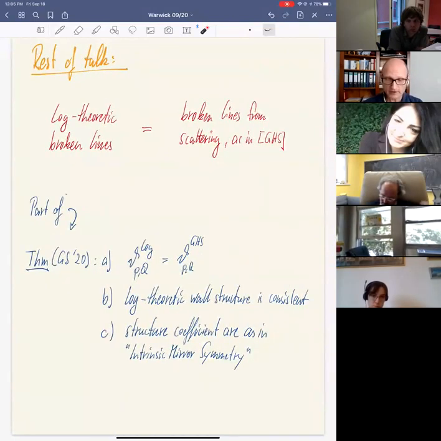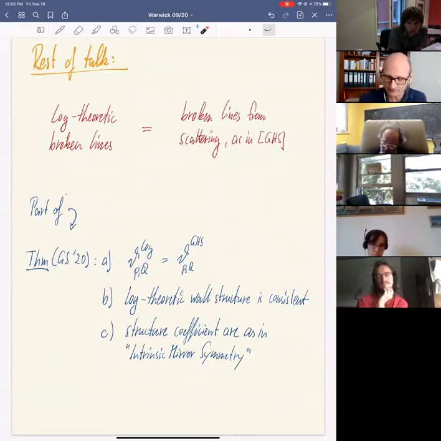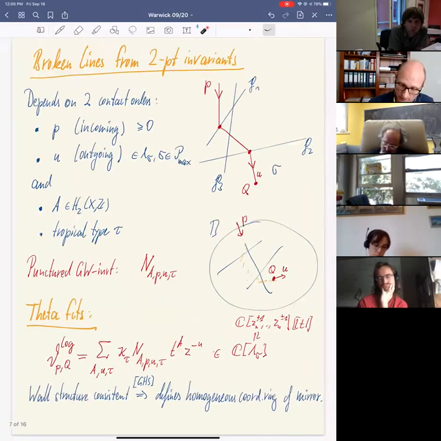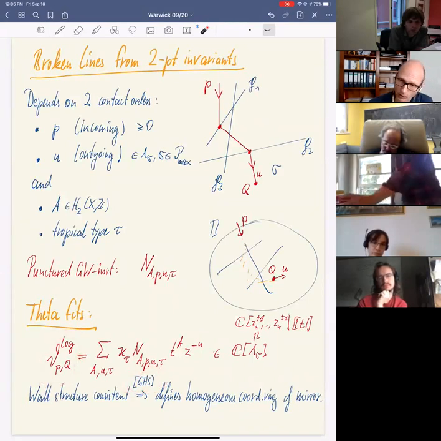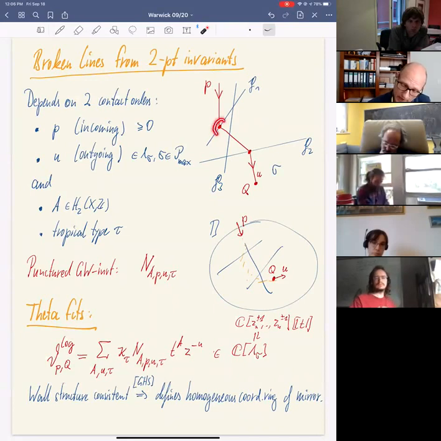Okay, so essentially I'm now ready to come to the main topic of the talk. I want to show that these log theoretic broken lines agree with broken lines from scattering. Okay, so the rule, the algebraic rule to compute the theta functions out of a wall structure, they just tell you it's a certain rule that is local to a wall.